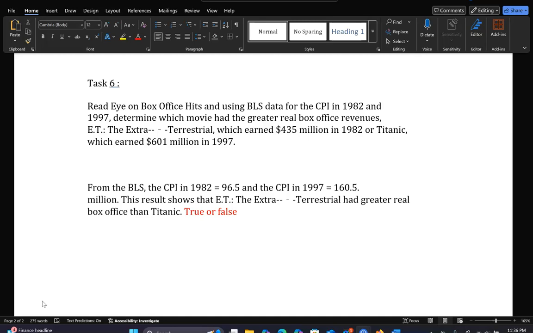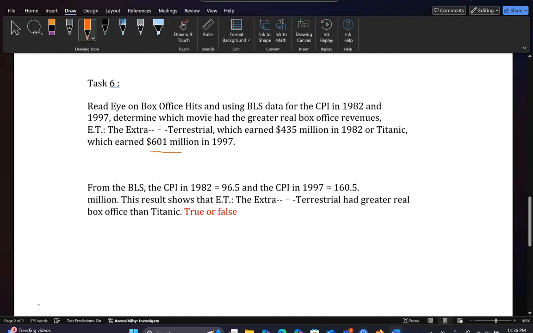Now moving on to task 6. Here it says the data on box office hits and BLS shows that ET earned a revenue of $435 million in 1982 and Titanic earned $601 million.